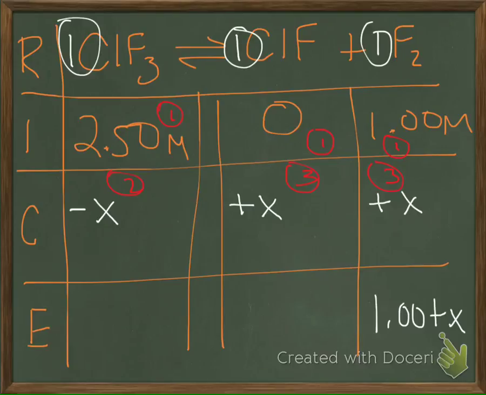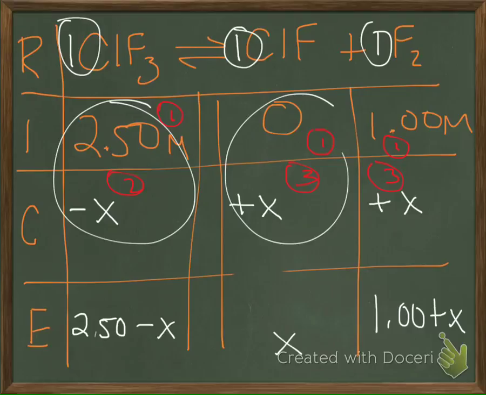This is going to be 0 plus x, or just x. And this is going to be 2.5 minus x. Again, just adding these together to get my E.